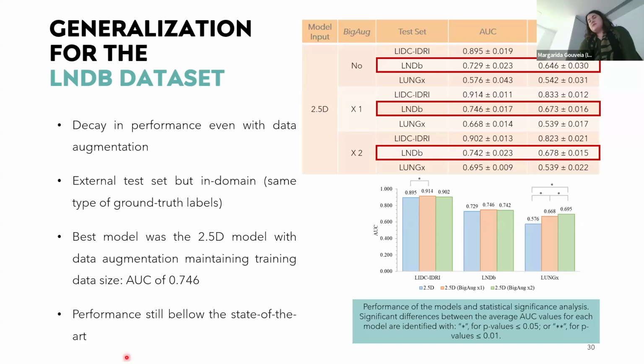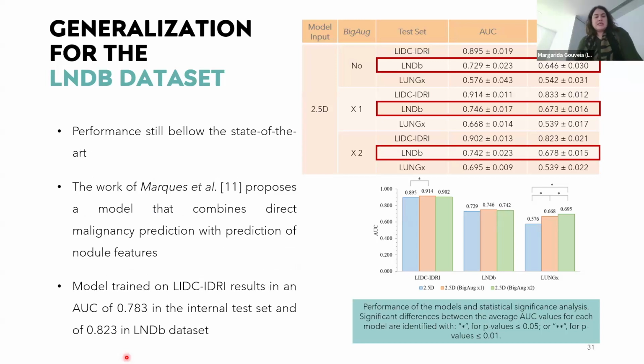The performance is still below the state of the art. This dataset is not the most used one, but we have a few references in the literature, especially the works of Siever that worked with this dataset. And in their work, they achieve higher performance in the dataset.